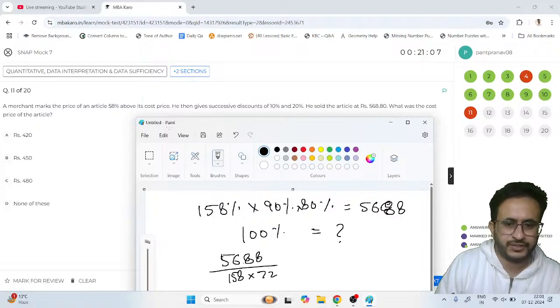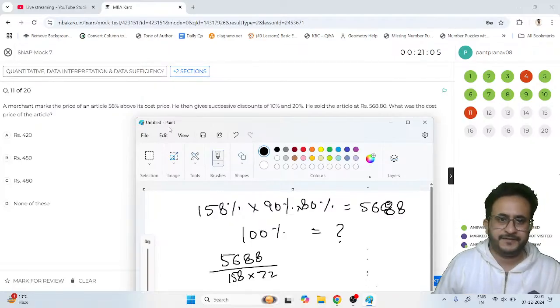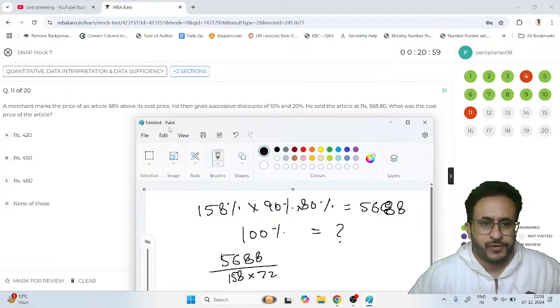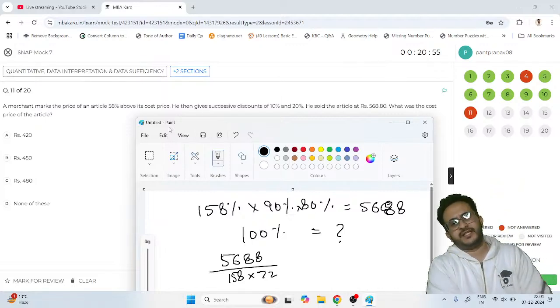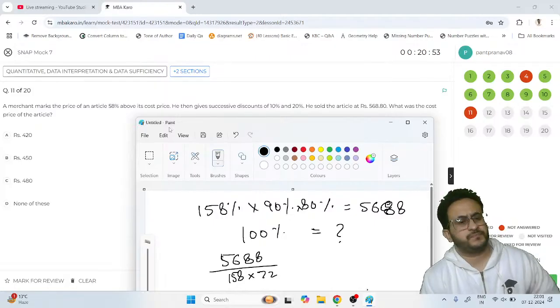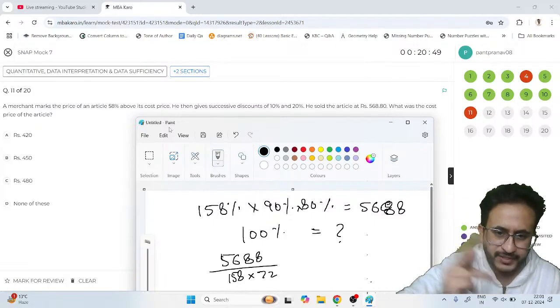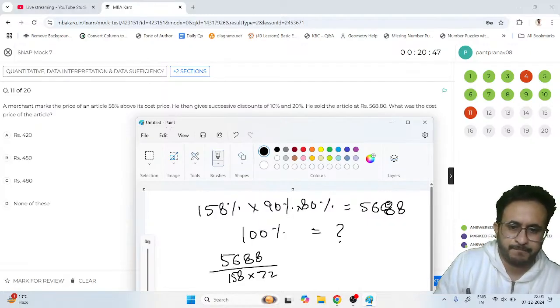Now if you see this, the selling price is 568... can we do some approximation in this? Probably not. Let's see the division.